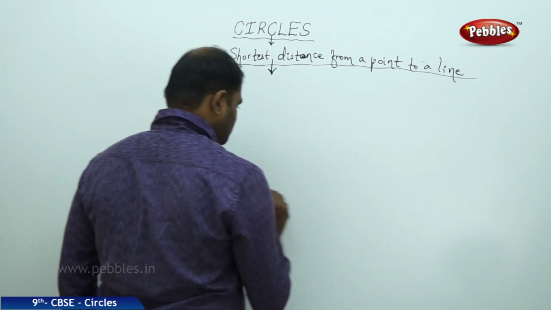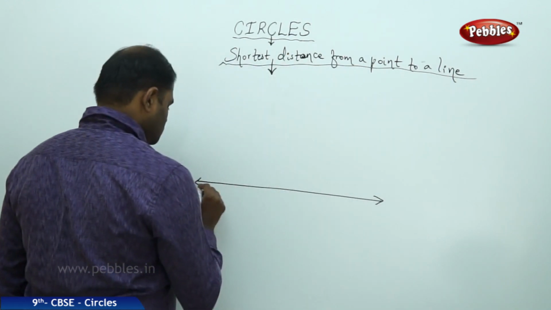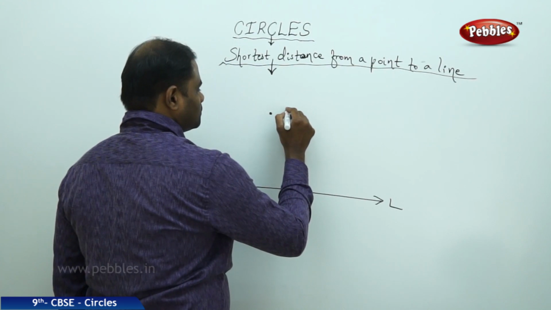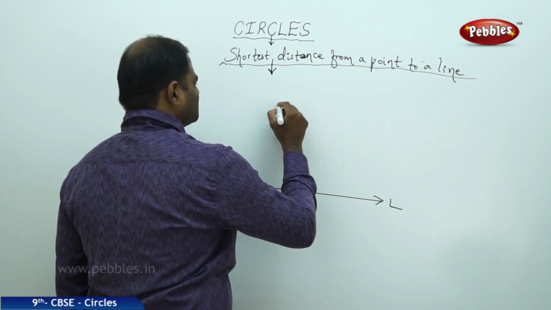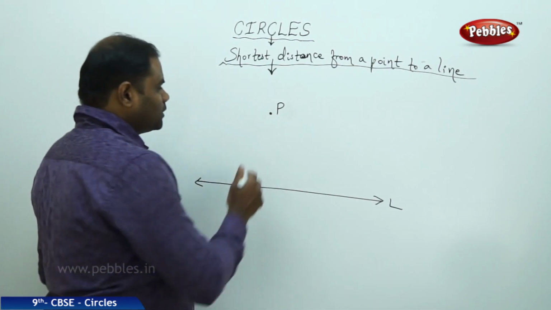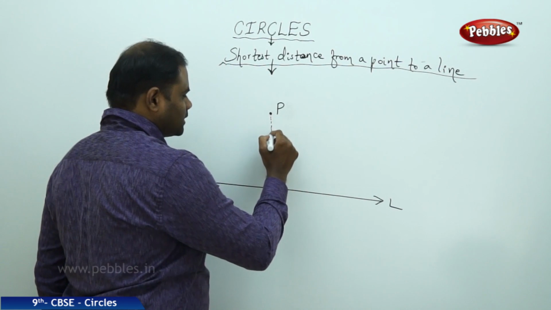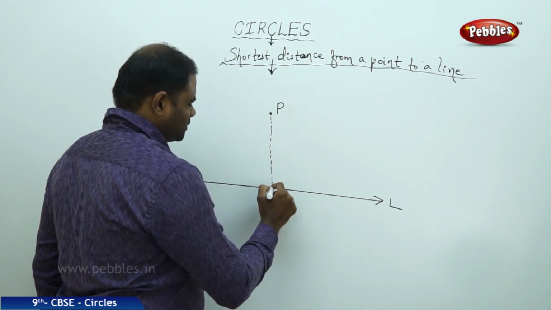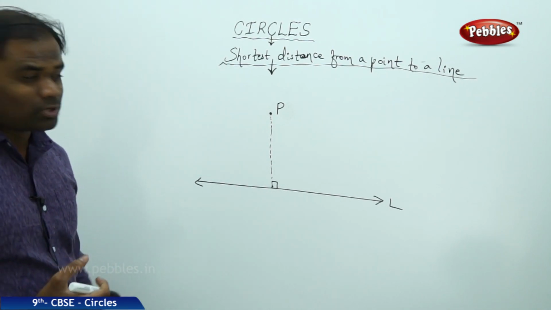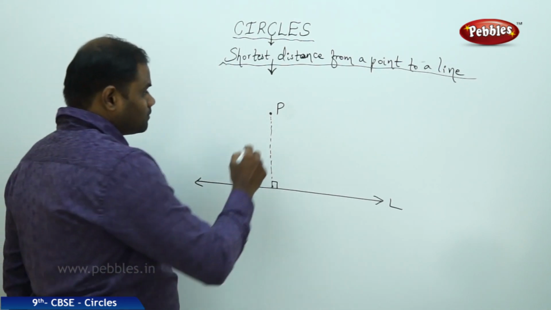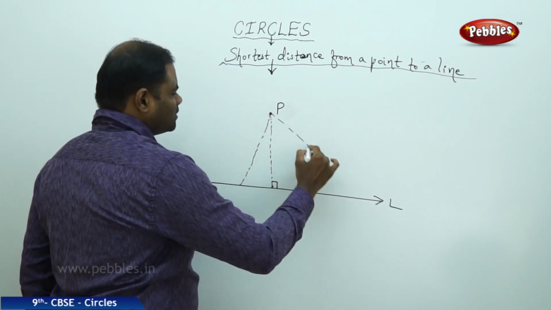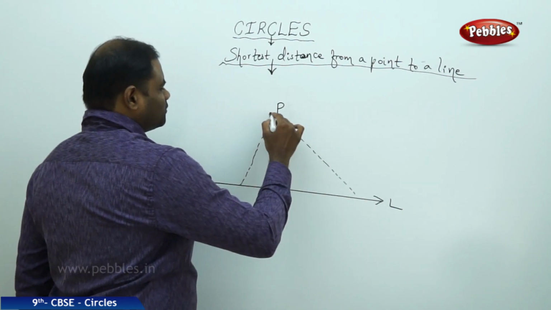I have a line and I have a point. Now as we can see, one of the perpendicular lengths is this, as clearly drawn out here. And there are other lines also possible from point P to the line L. Like we have different lines which I can draw from point to the line.